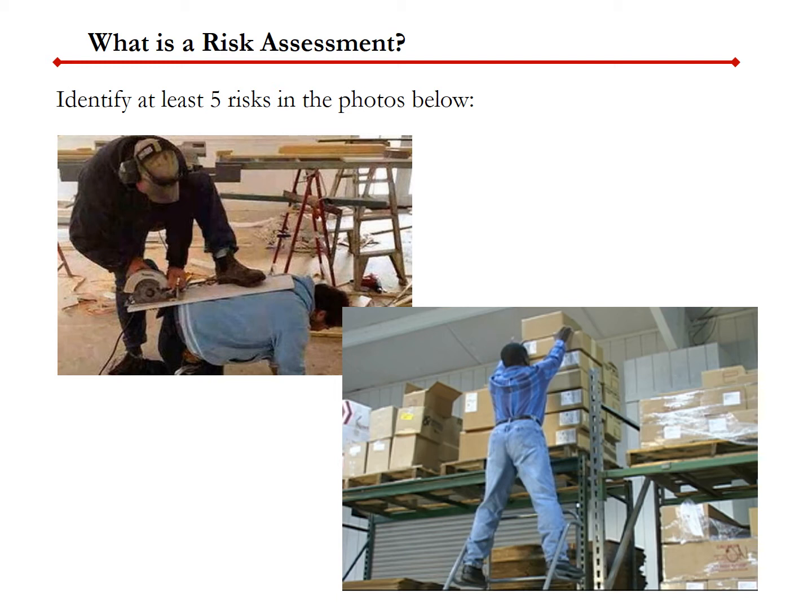From here, you could try to identify some of the risks. This guy, for example, is quite unstable the way he's standing on this ladder, and he's not maintaining three points of contact, which is required for ladders. Issues like that.